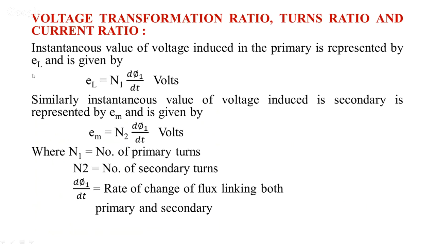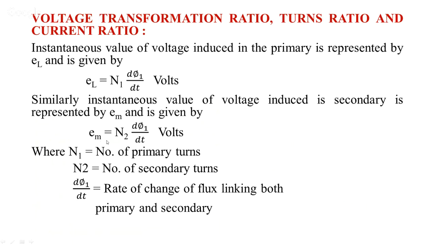Now let us see what is the voltage transformation ratio, turns ratio and the current ratio. The instantaneous value of the voltage induced in the primary is given by e1 = N1 dφ1/dt volts. Similarly, the instantaneous value of voltage induced in the secondary is represented by e2, because it is induced by mutual induction.